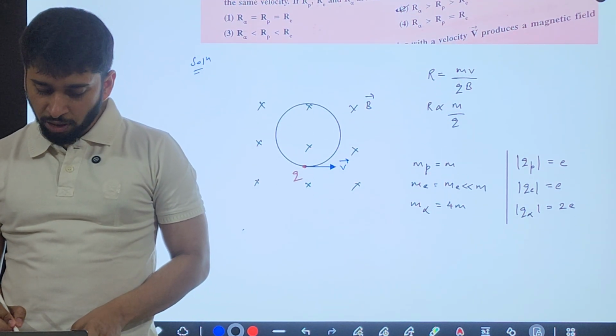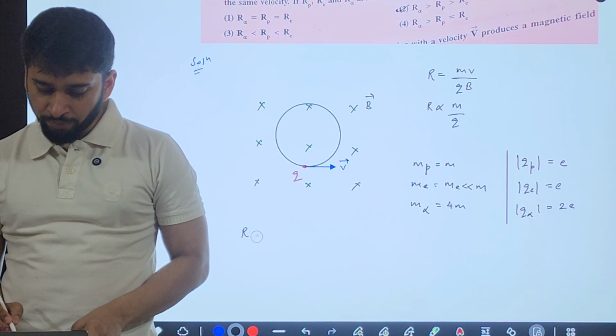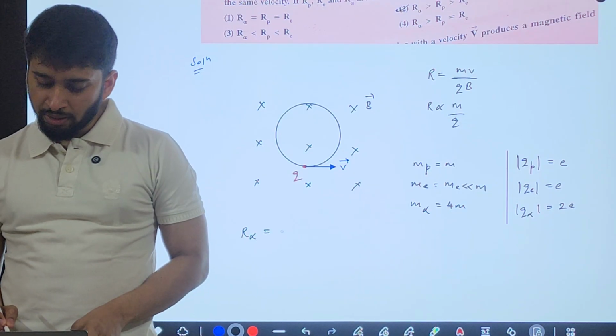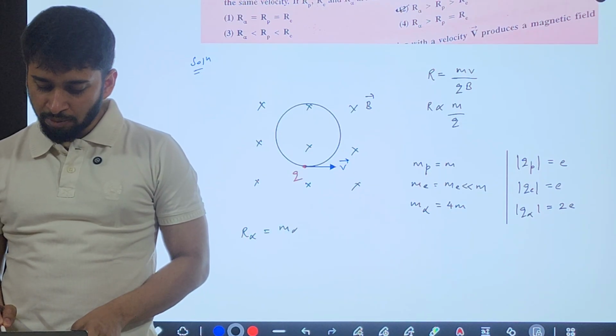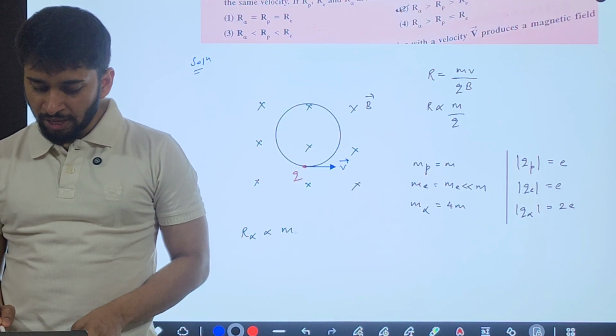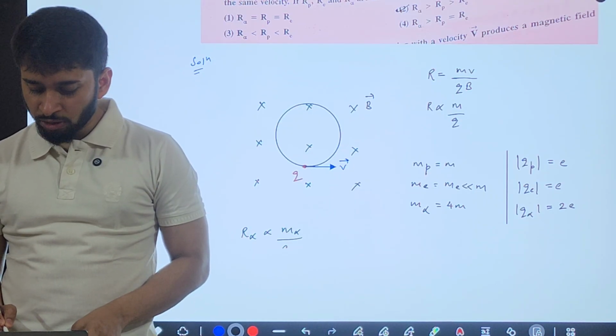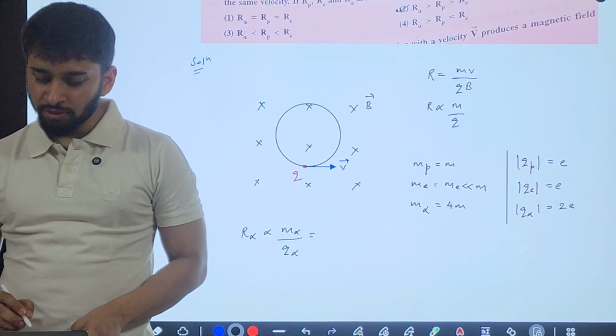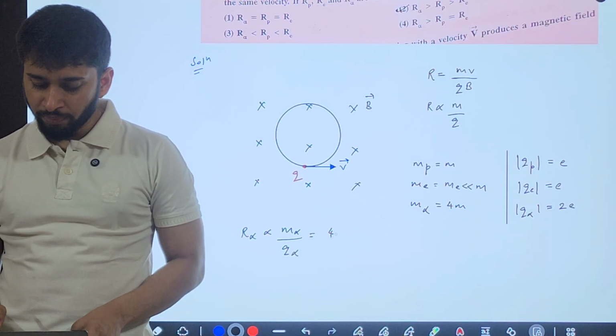The radius of the alpha particle will be proportional to the mass of the alpha particle by the charge on the alpha particle. How much is the mass of the alpha particle? 4m.